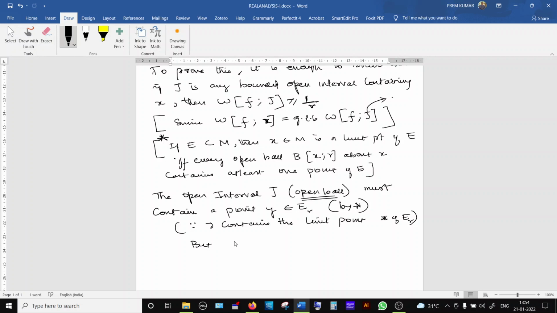But what is the oscillation of the function f with respect to J? This should be greater than or equal to the oscillation of f at y, because as per the definition of the oscillation of a function at a point, that is nothing but the GLB of all the oscillations of f over J. That is why this is greater than or equal to this.